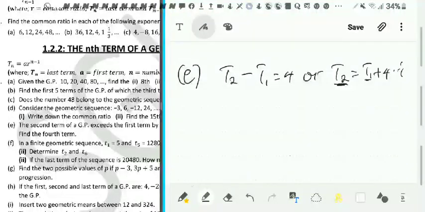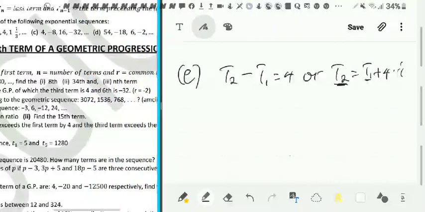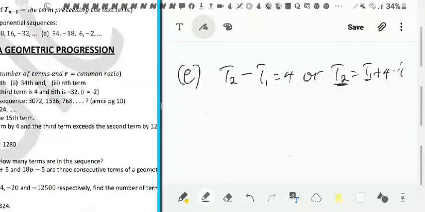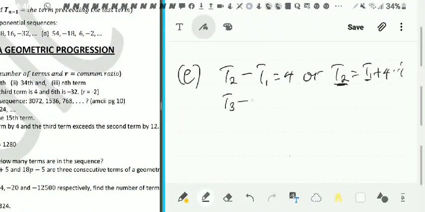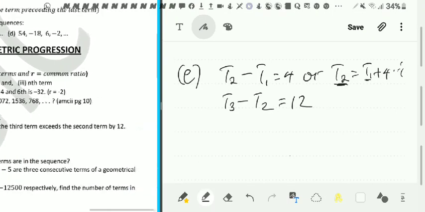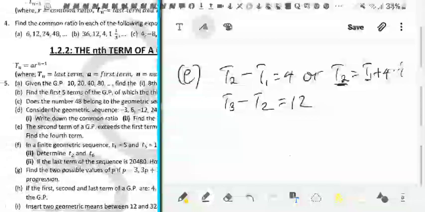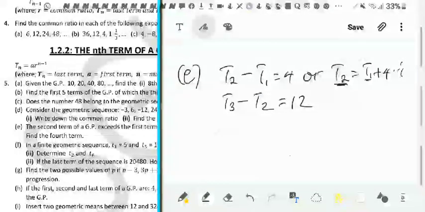Okay, what's the second statement? The third term exceeds the second term by 12. Find the fourth term.